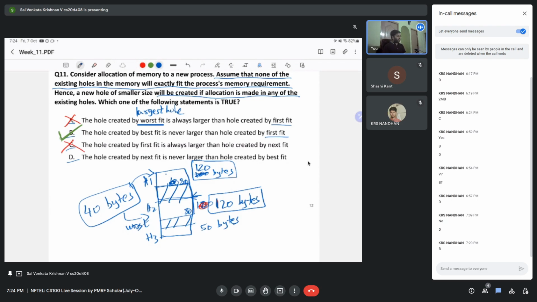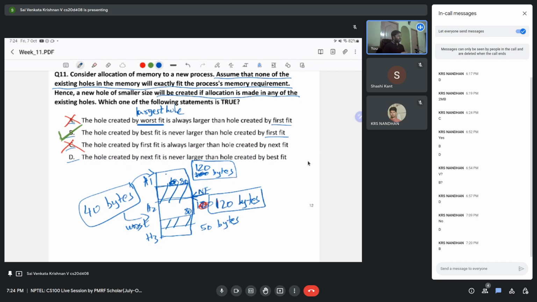In the same way, if we take option D, hole created by next fit is never larger than the hole created by the best fit. So they are telling that whatever hole is created by the next fit algorithm will never be larger than the hole created by best fit. This is wrong, because say if starting from this scanning point, your next fit algorithm starts, it will see 120 bytes, it will allocate and it will create a hole of 80 bytes.